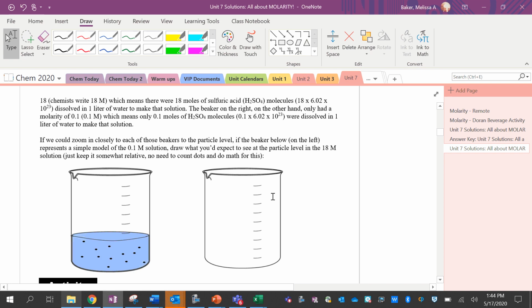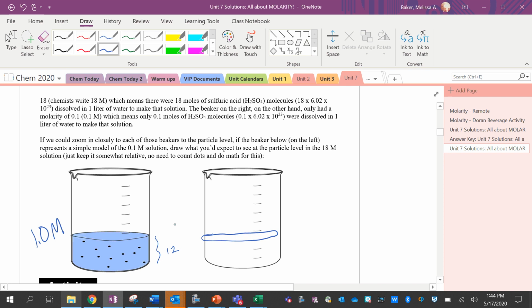Okay, so what if we were trying to draw those 2 solutions? So we've got a 1 molar solution of sulfuric acid, and then let's draw relative to that. What would it need to be 18 molar? So this one, let's kind of do 1, 2, 3, 4, 5, 6, 7, 8, 9, 10, 11, 12.